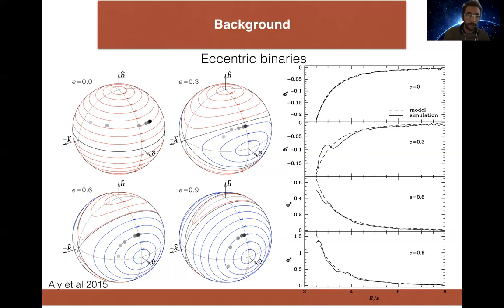E is the direction of the eccentricity vector of the binary. And you see for a circular binary case, the top left one, that the precession of the angular momentum vector of the disk is circular around the binary angular momentum vector, and with the presence of dissipation, you end up with a co or counter aligned disk.